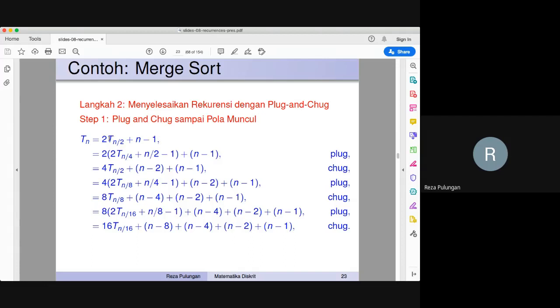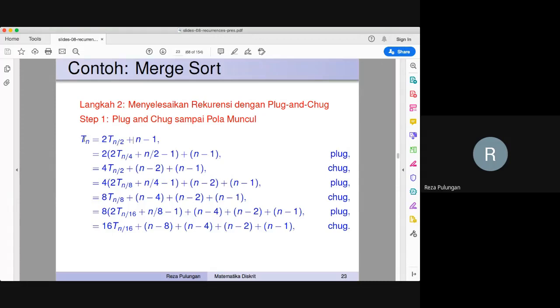Okay. If I ask you right now, what is T(n divided by 2)? Well, you can just replace every occurrence of n here by n divided by 2.